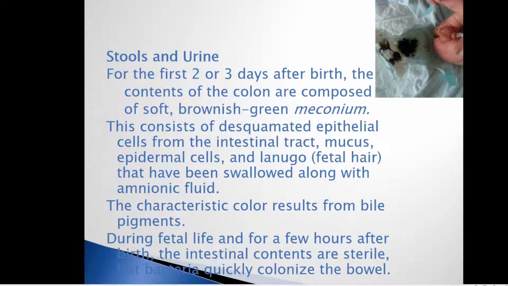These consist of desquamated epithelial cells from the intestinal tract, mucus, epidermal cells, and lanugo, it's fetal hair, which has been swallowed along with amniotic fluid. The characteristic color results from bile pigments. During fetal life and for a few hours after birth, the intestinal contents are sterile, but bacteria quickly colonize the bowel.